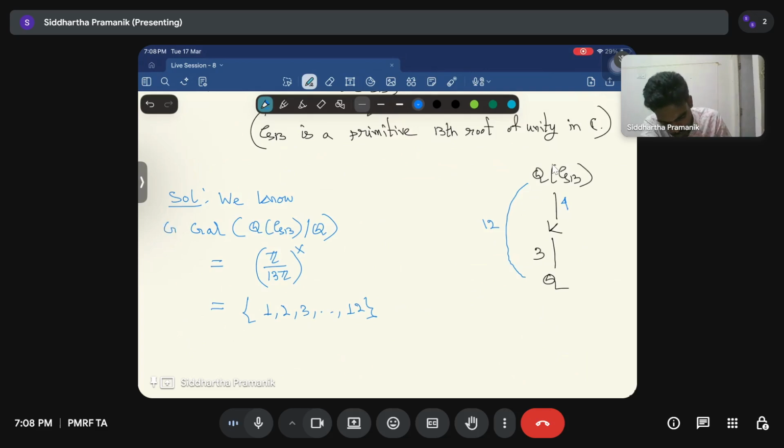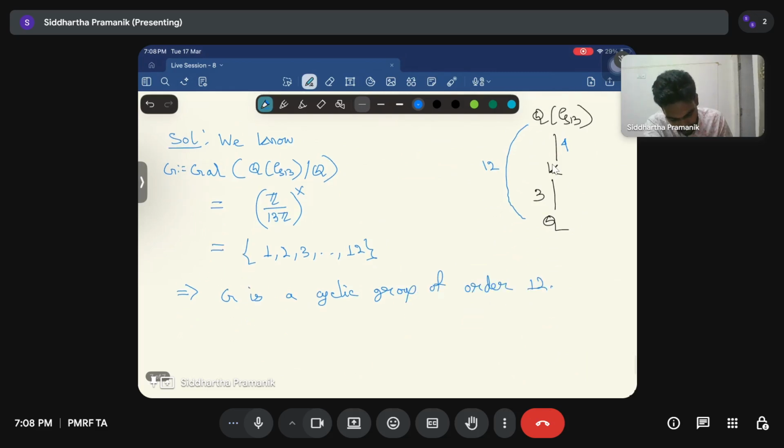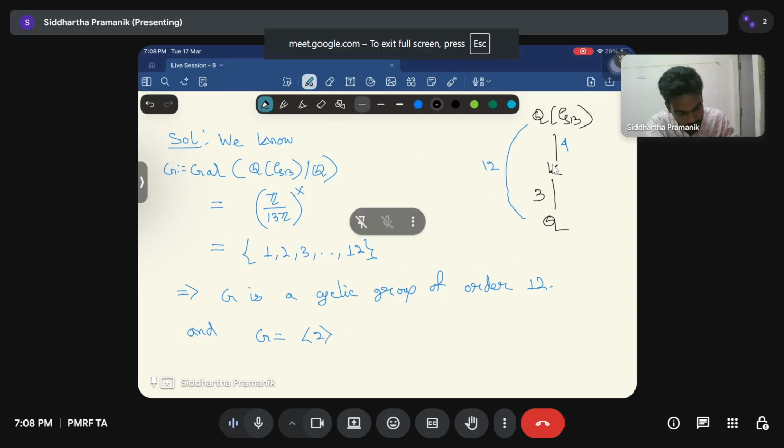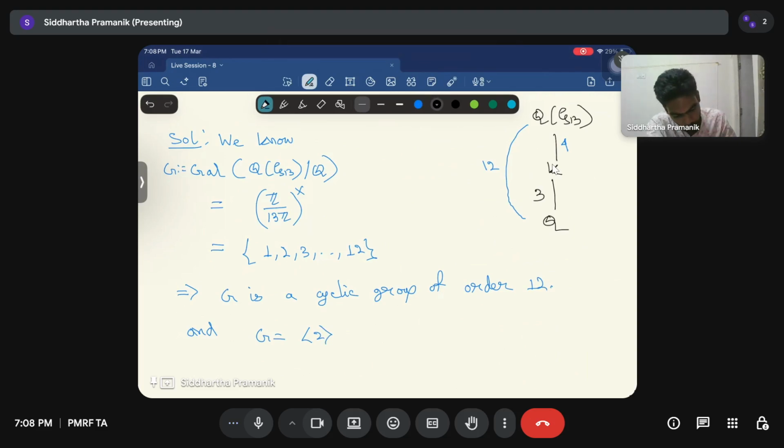So let's say it is G. G is a cyclic group of order 12, and you can verify that G is generated by 2. So you just check that the order of 2 is not 6. So verify this.